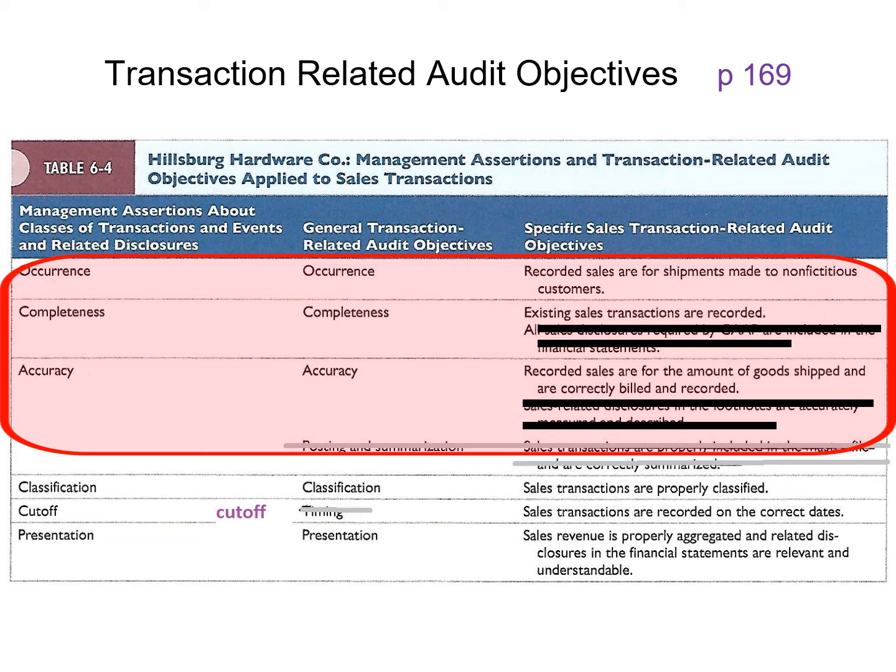Accuracy. Well, we recorded the quantity shipped correctly and the price that we sold it to the customer correctly. So usually when we're talking about accuracy, at least in this class, we're going to be talking about, did they get the quantity right? Did they get the price right?